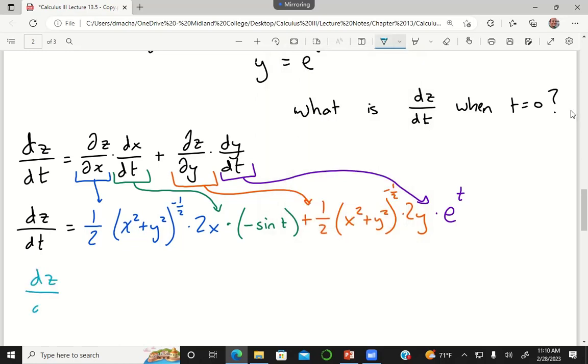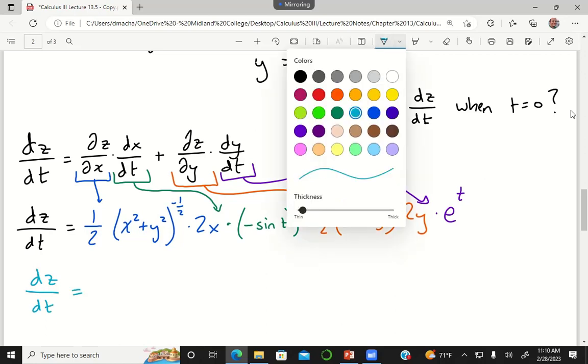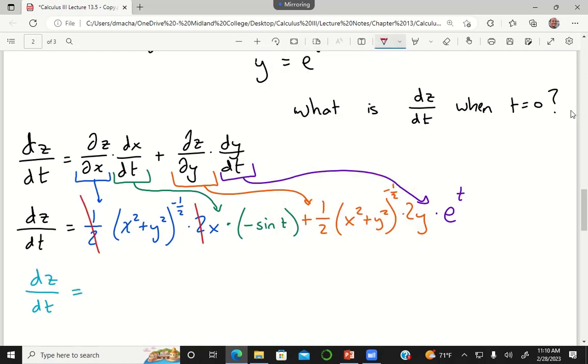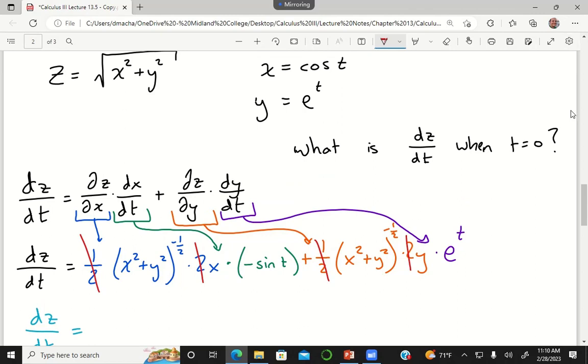So dz dt, going through here, the halves cancel with the 2's. Whenever t is equal to 0, x is equal to what? Because cosine of 0 is 1, x should be equal to 1, and then y should be equal to what? 1, yeah.